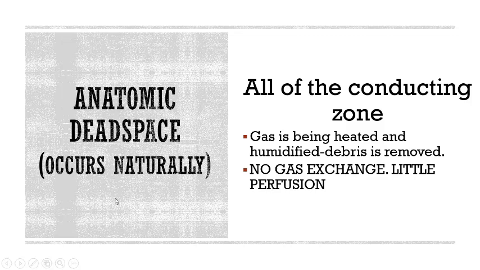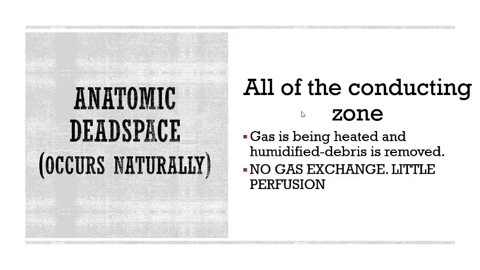So anatomic dead space, this is going to occur naturally. All of your conducting zone, and we talked about your conducting zone being your nose, your mouth, your trachea, your mainstem bronchi, all the way down through your terminal bronchioles, right? This is all naturally occurring dead space. This is an area of the lungs where there's a lot of ventilation, but not much perfusion.